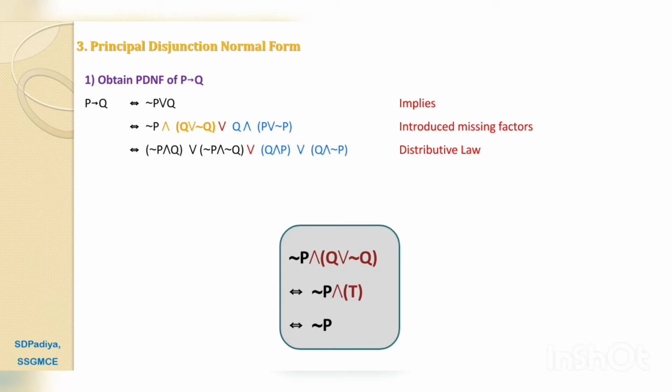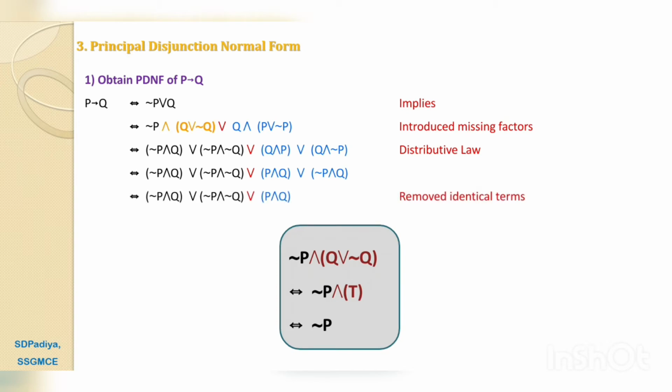Now arrange all these terms in a sequence of P and Q. Therefore, it is logically equivalent to not P and Q, or not P and not Q, or P and Q, or not P and Q. Now the last rule is to remove the identical term. Here the first term not P and Q and the last term not P and Q are the same.